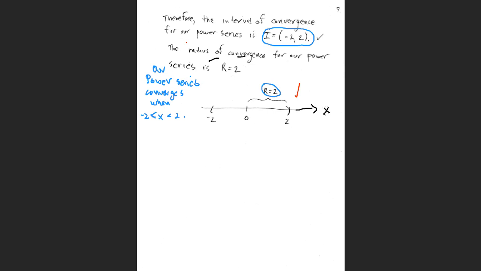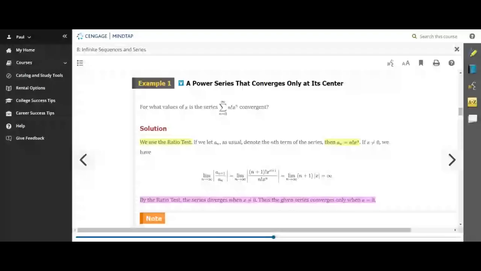This is actually example 1 from the textbook. In example 1, they talk about a power series that, in this case, converges only at its center. So for what values of x is this power series convergent?